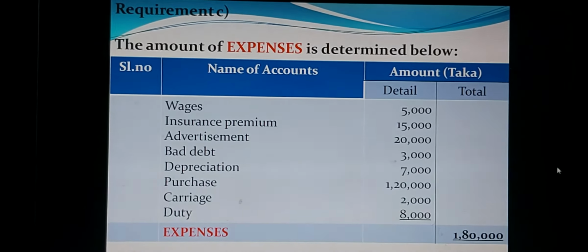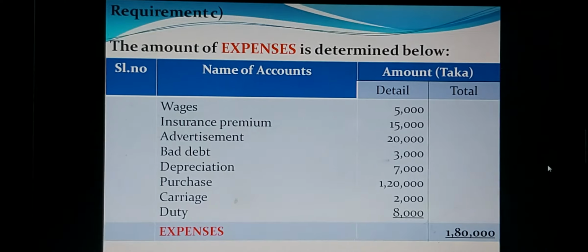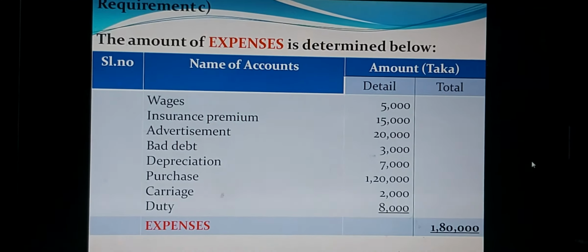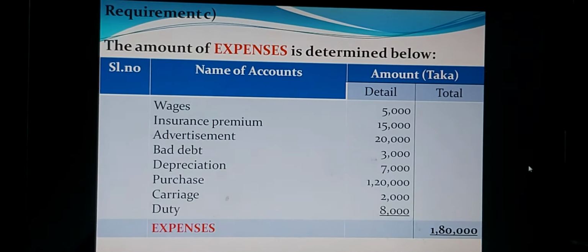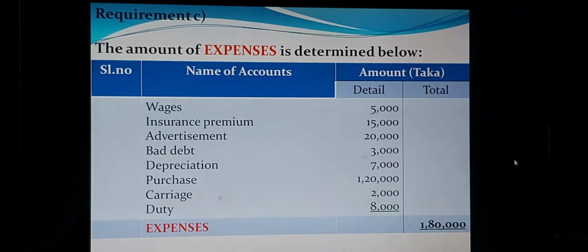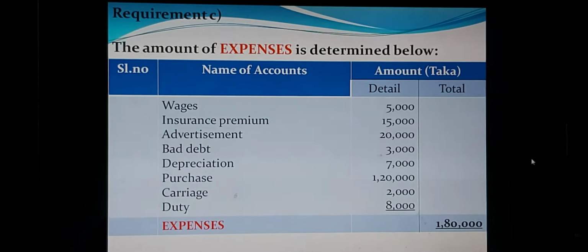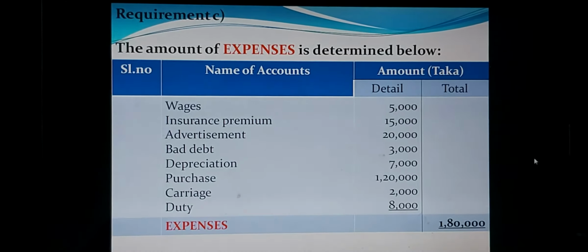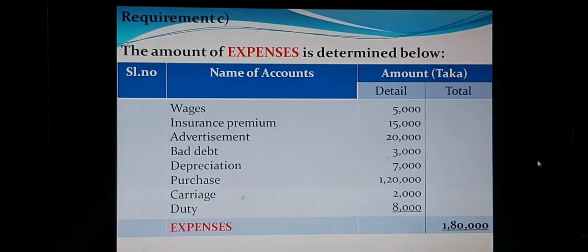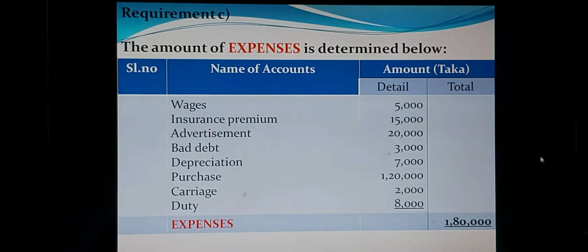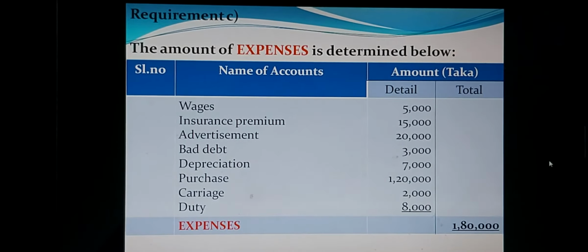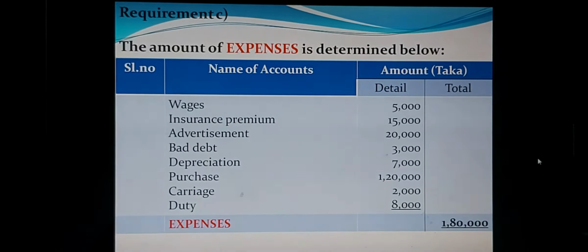Determine the amount of expenses. You know that from the lecture number 1 on the chapter of 5, that is accounts, I have already discussed about ample examples of assets, liabilities, equity items, revenues and expenses.